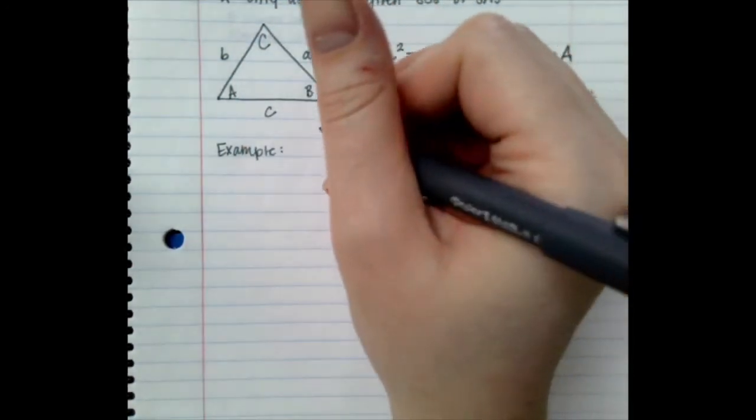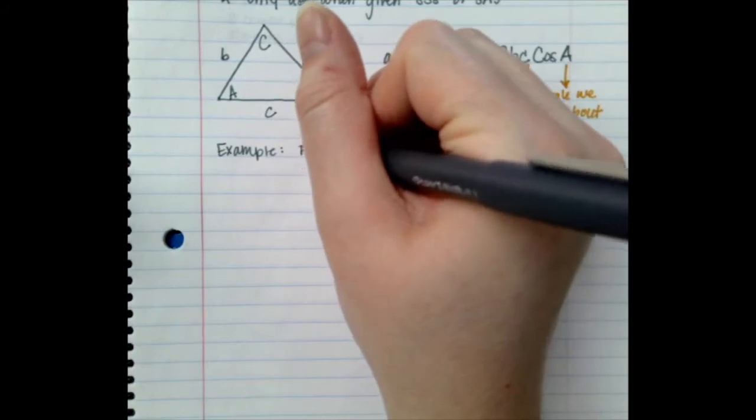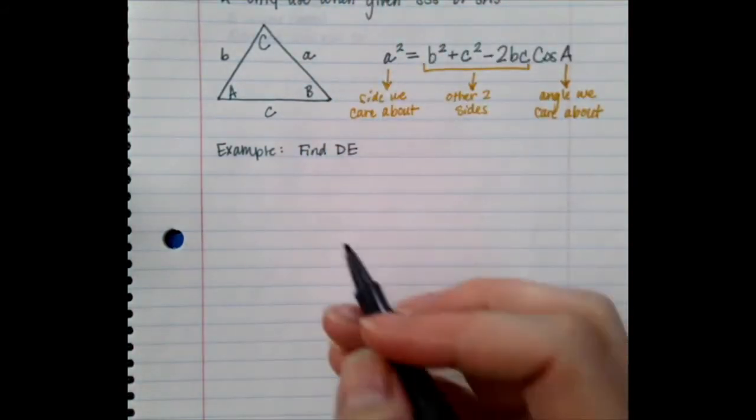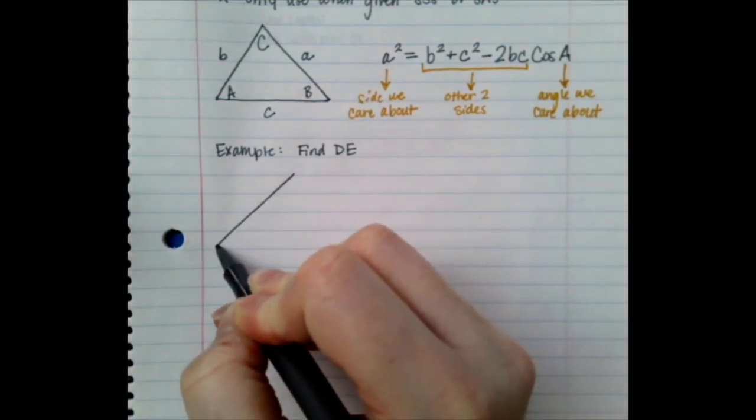For our example, the first one says, find side DE. And we have this triangle.